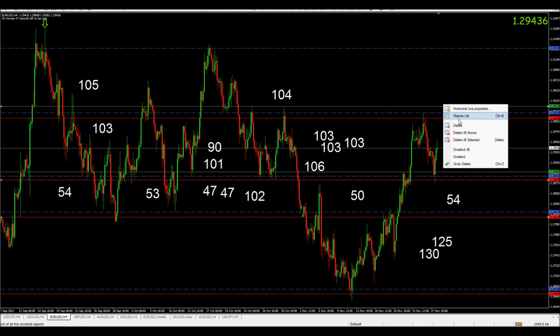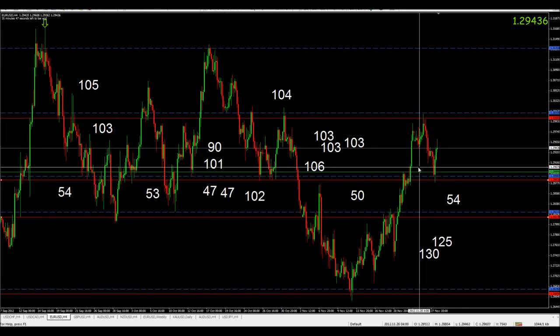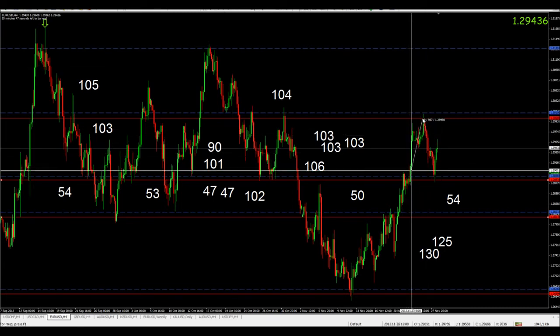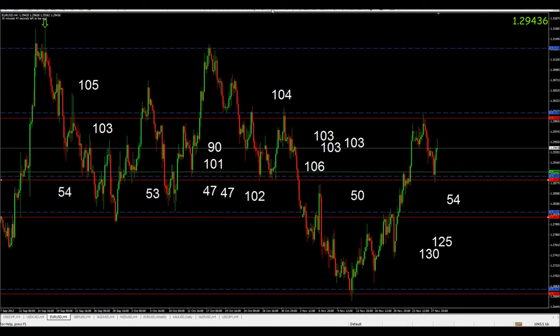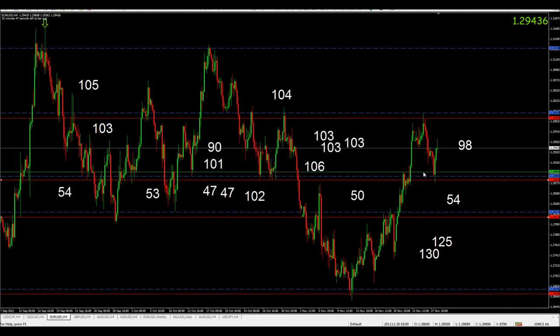So this one's pending, so we'll get rid of that. And then this buy here went to the take profit, which is 98 pips. So we can get rid of that one.